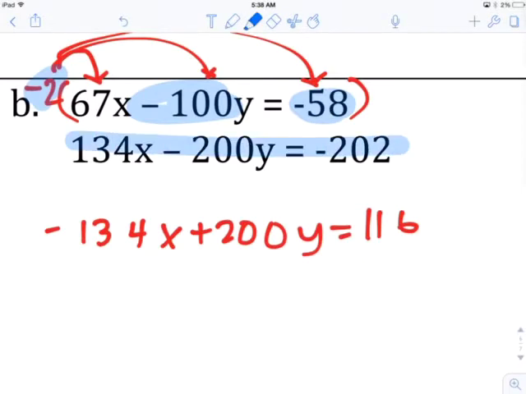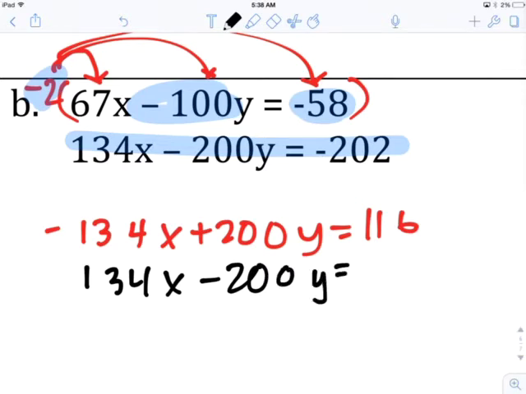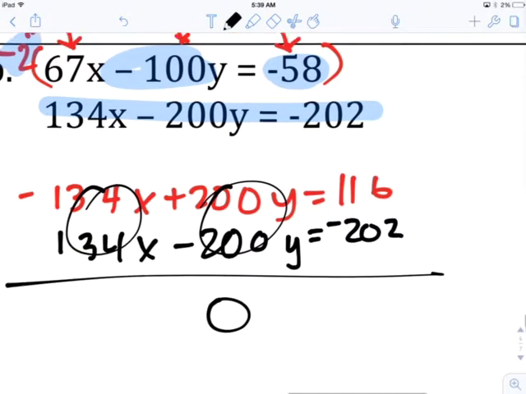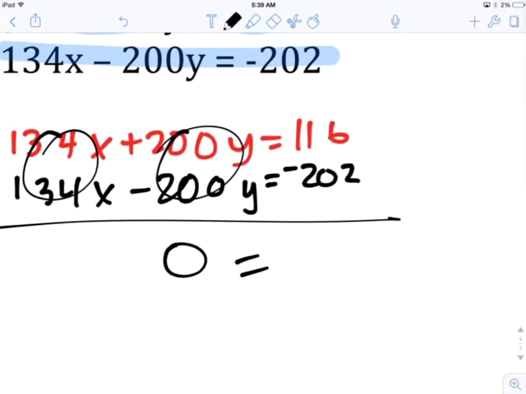Copy this other problem. 134x plus minus 200y, minus 200y, 0, 0 plus 0 is 0, equals 102 minus 16, that's 6.